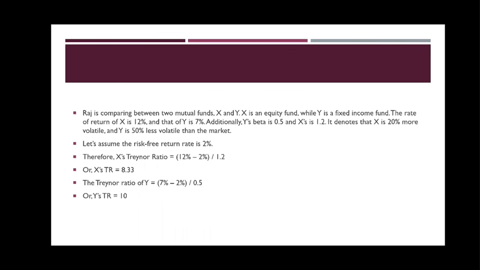Beta for Y is equal to 0.5 because risk will be lower as I will get compulsory return as I invest in bonds or in treasury bills. For X, beta will be more, 1.2, because he will not get a compulsory return and he may get negative return. It denotes that X has 20% more risk and Y 50% less.